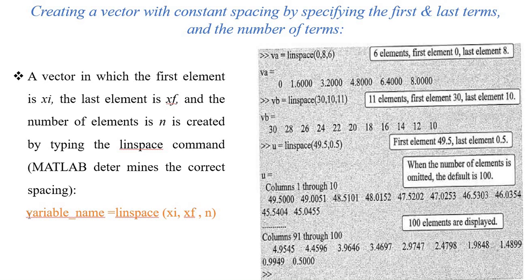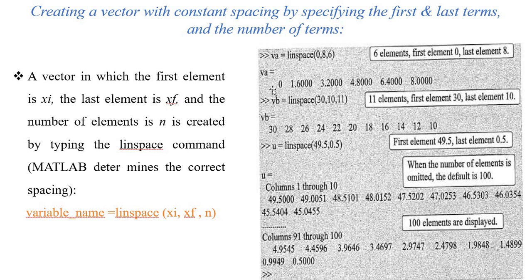In this one, we write variable name equal to linspace, which is the Matlab command form. Linspace, within brackets, we use xi, xf, xn. What is xi? Xi is the first term. What is xf? Xf is the last term. What is n? N is the number of terms.